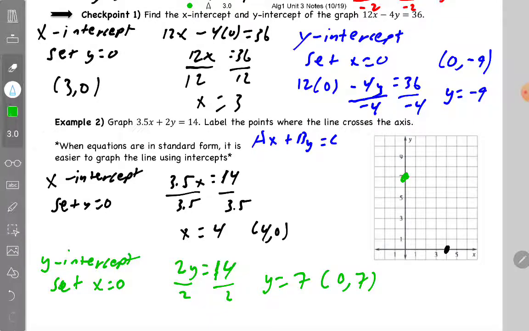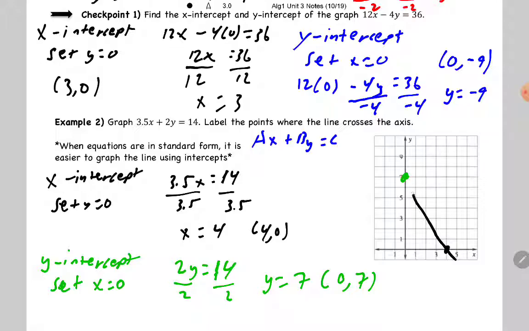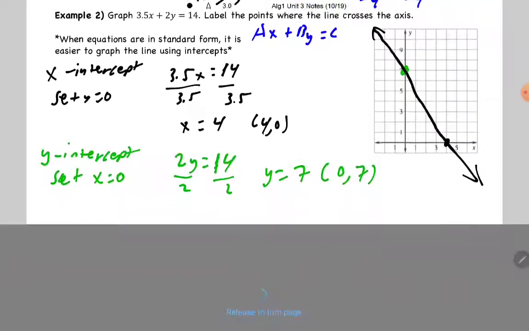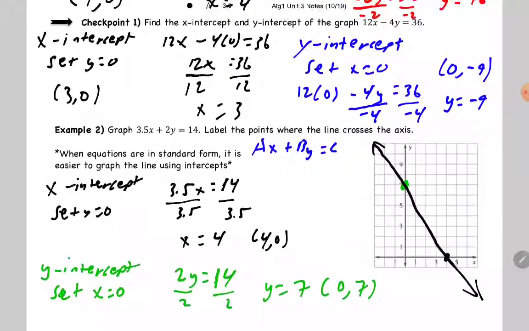And then all we do is connect the dots. I recommend using a straight edge. And there's my line. So you find your x-intercept, plot a point, find your y-intercept, plot a point, graph.